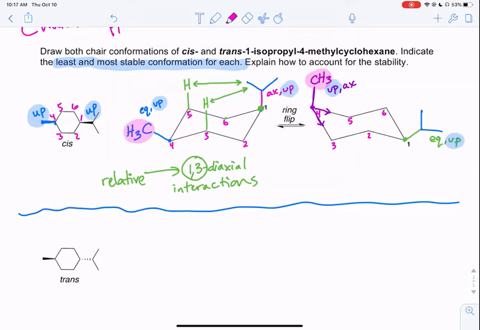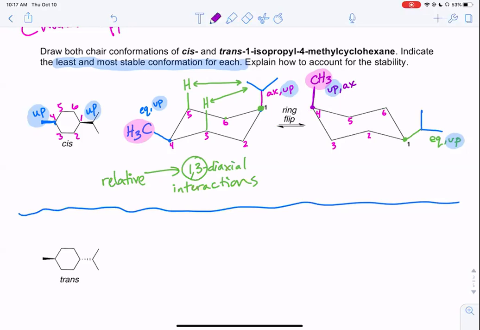So it's a very small little shift. Remember, it's not a flip upside down, but this is our second conformation. You can add in that hydrogen if you choose to do so in the equatorial position, but it's not necessary, so I can simplify a little bit. These are the 2 chair conformations for the cis compound.